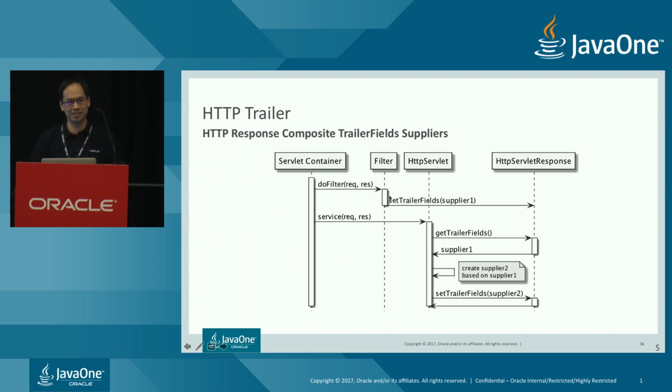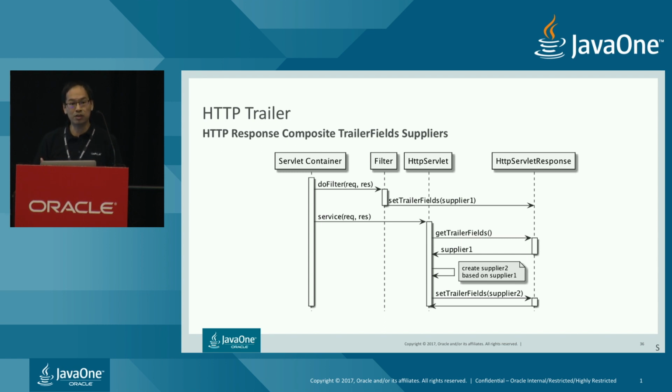The reason is, as you can see in this example, you have a filter in front of a servlet, and you will call doFilter, and inside the filter, you will set the trailer field. And then, when you come to the servlet, by that time, someone already set the trailer field. And the servlet is also interested in setting the trailer field, but you don't want to override everything from the filter, right?